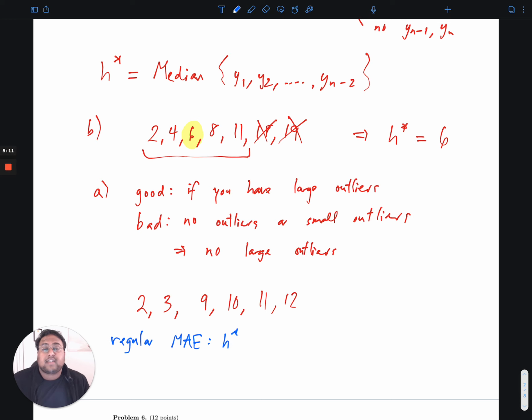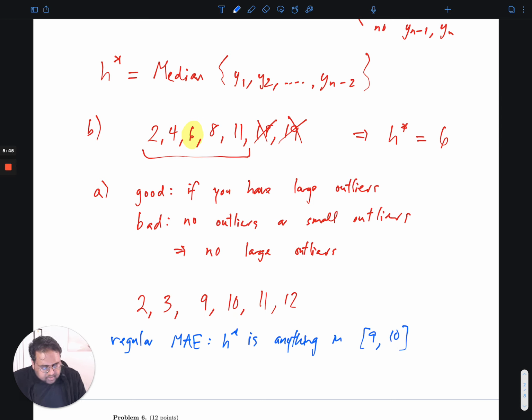We have an even number of data points, so anything between or including 9 and 10 would be the best prediction. So anything in the interval 9 to 10 would work. That makes sense because most of the values in this data set are 9, 10, 11, 12. We have a few small ones, which we could think of as outliers, 2 and 3, but this seems like a reasonable prediction choice.